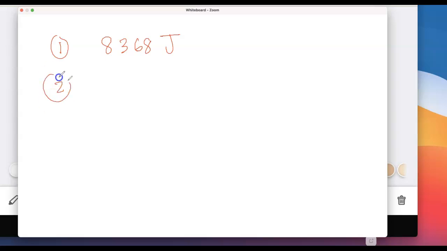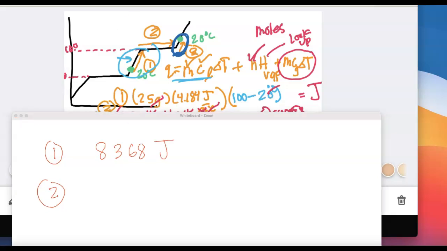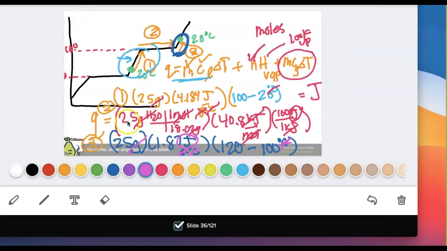Equation number 2 is 25 divided by the molar mass, 18.02, times 40.8, right here, times 1,000.